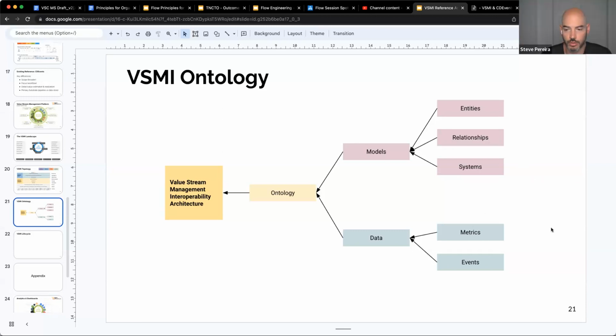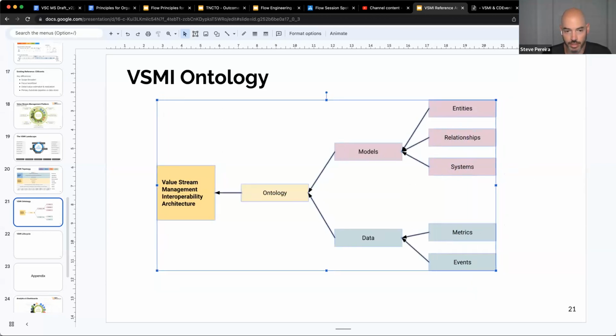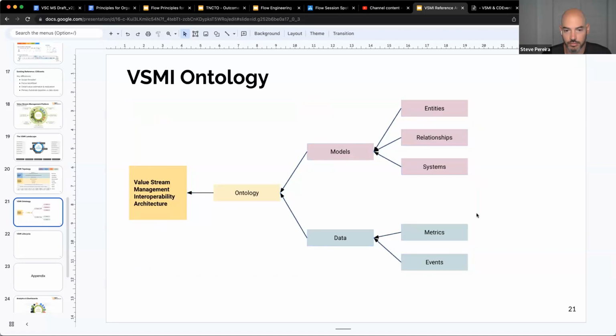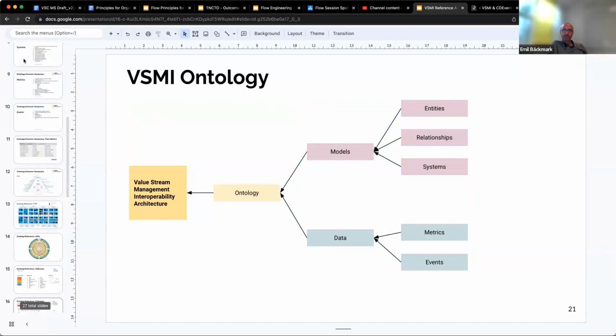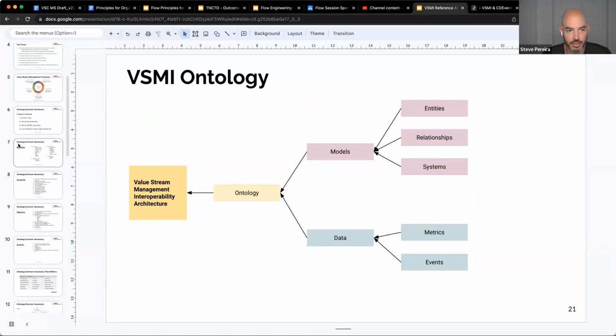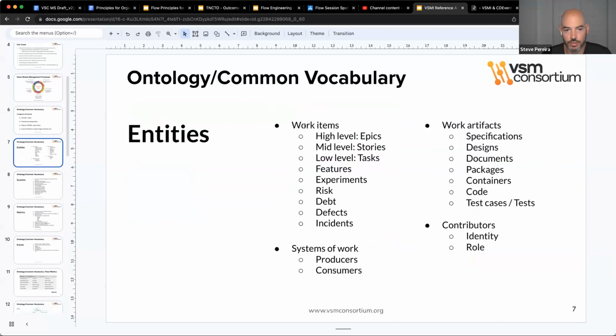That's a good point. Maybe we're missing a layer of examples for this. If we go back to these areas here, entities would be work items primarily, but also systems of work. So something like Jenkins, which is producing and consuming work, the work artifacts, and then contributors, so people who are involved in the work.